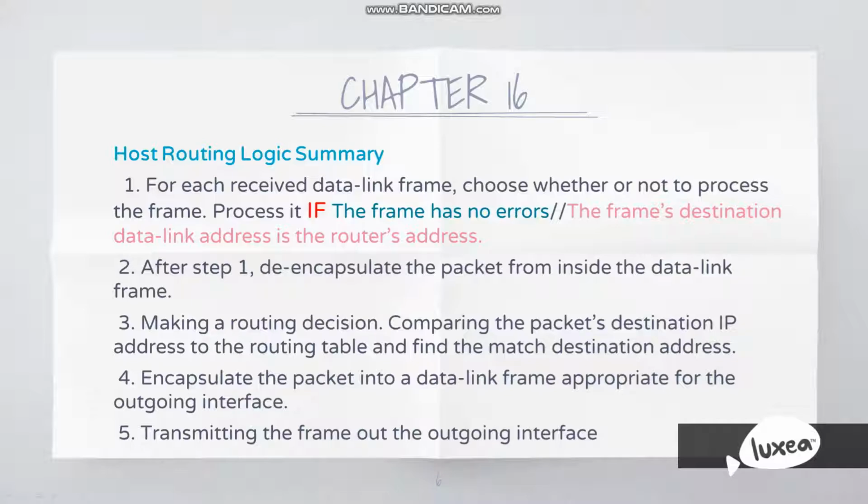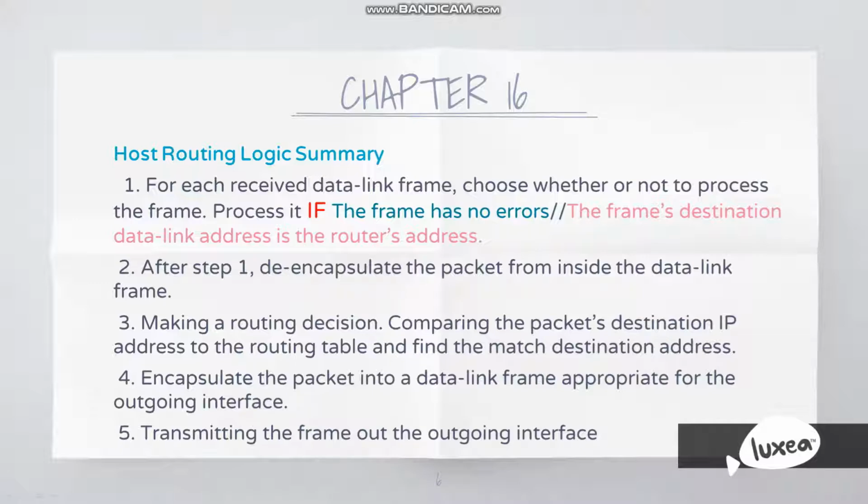The first 2 steps are just for receiving the frame and extracting the IP packet. First, for each received data link frame, choose whether or not to process the frame. Process it if the frame has no errors or the frame's destination data link address is the router's address.